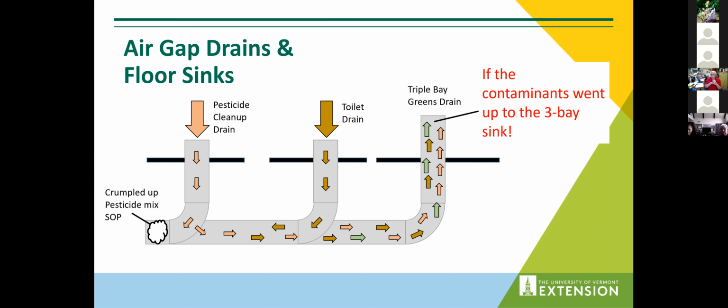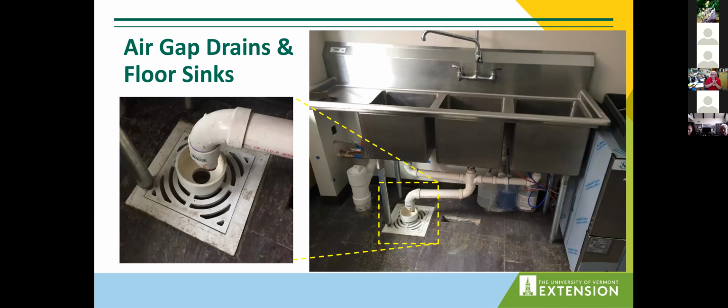However, if you don't have that, everything can go right up into the drains and into the sinks. So in this case, it's much better to have an air gap. I'm going to show you a picture of what it looks like. This is an air gap on a sink, where you can see on your left the space between where the water will come out and where it goes into the drain.